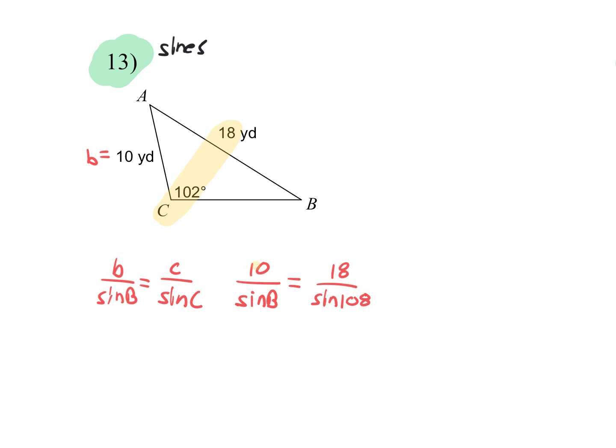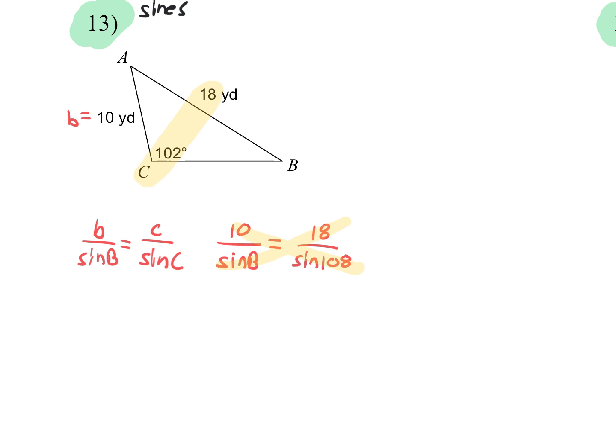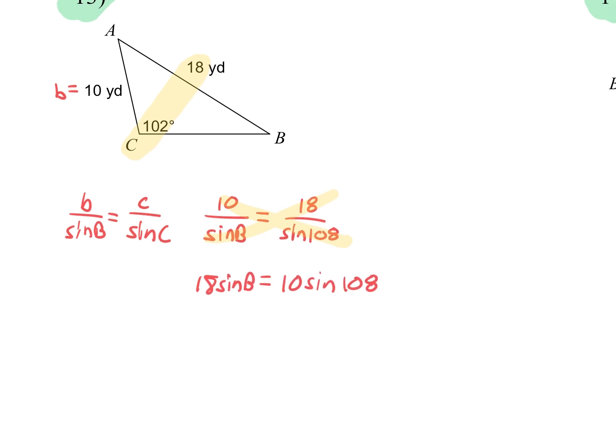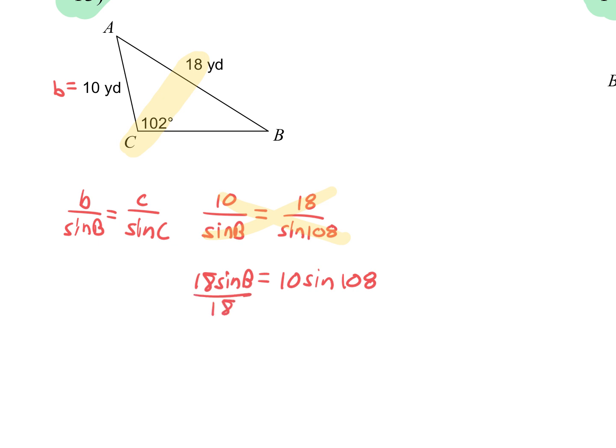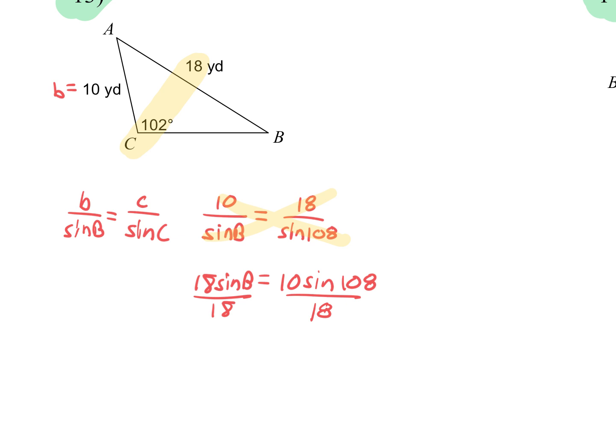Sorry, 102. And then just like before, we cross multiply. So we get 18 times sine of B equals 10 times sine of 102. And then divide both sides by 18.